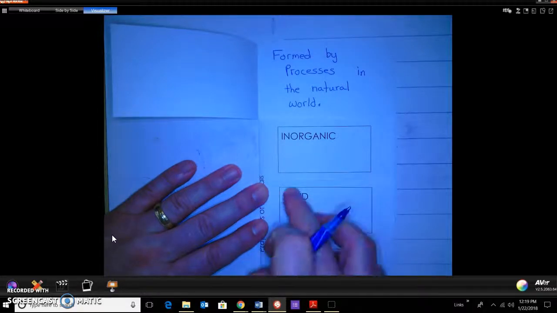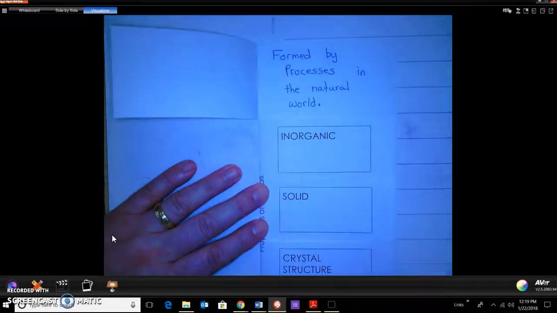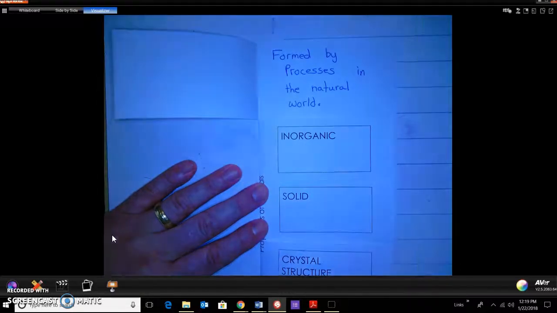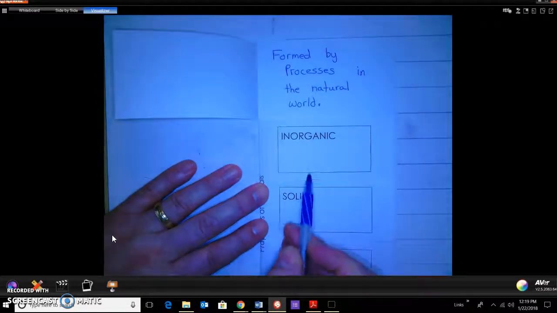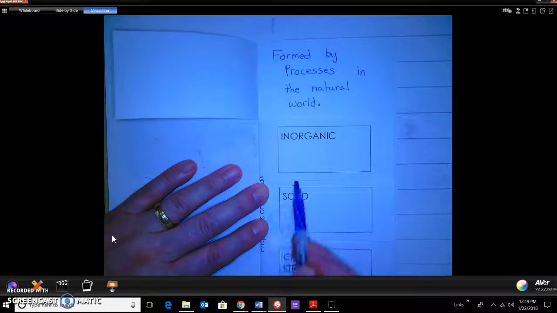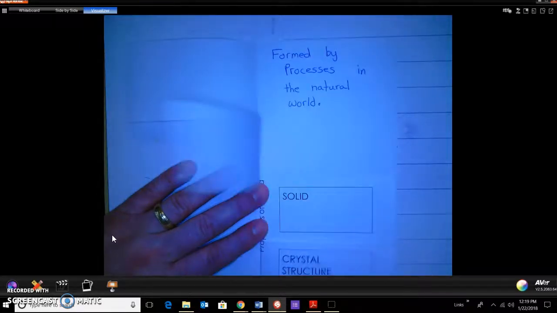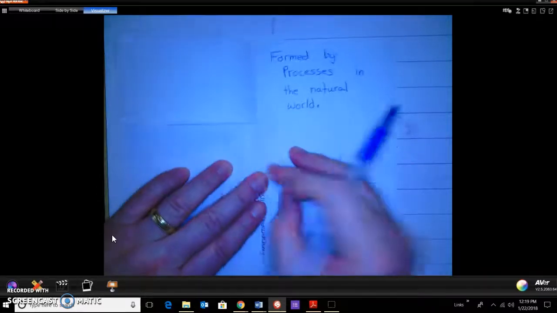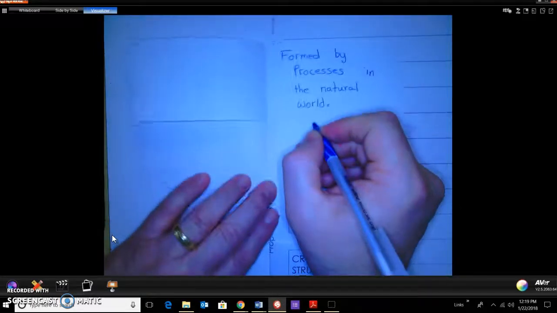Okay, next open up the inorganic tab. And you remember the word organic, that means came from living things. So the word inorganic is the opposite. The opposite would mean that it never formed from materials that were once living. And that's what we'd write down now.